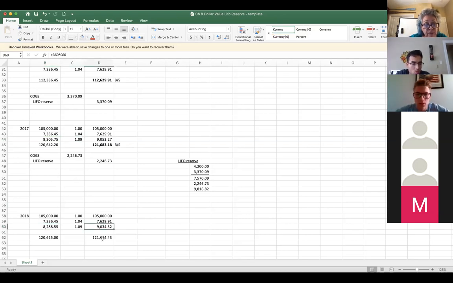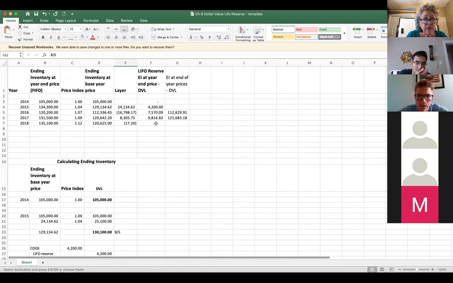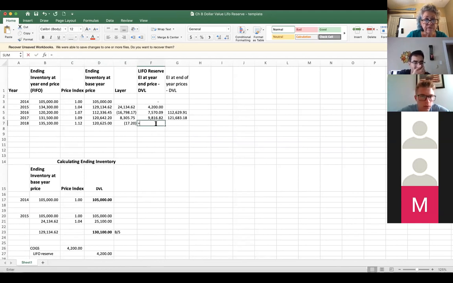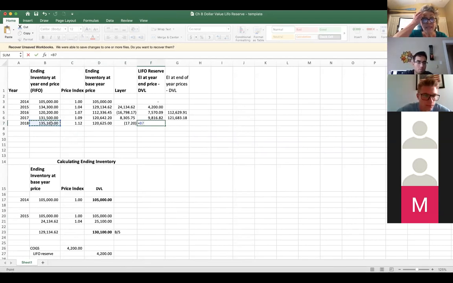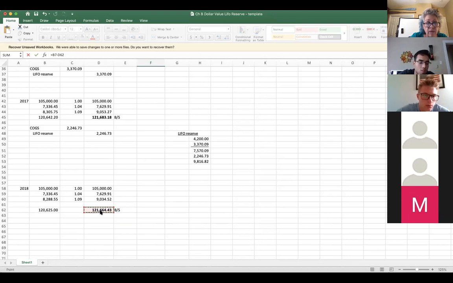And then we reinflate and add it, and my balance sheet would report $121,664.43. When we go to the LIFO reserve, it should be the difference between your FIFO ending inventory at end of the year price minus your DVL.